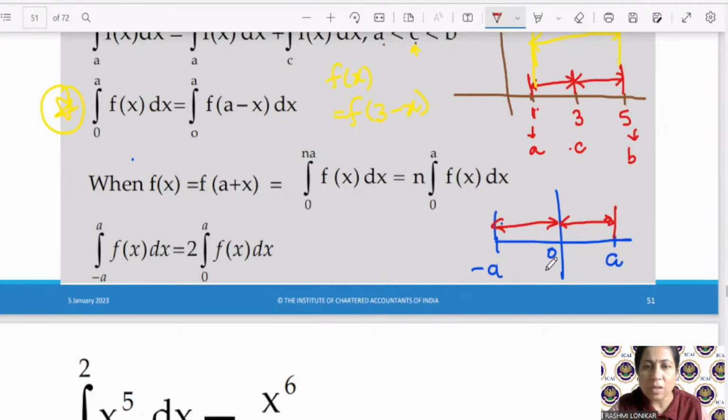Okay. The integration from minus a to 0 will be the same as integration from 0 to a. And so we write that from minus a to plus a is equal to 2 times integral 0 to a of f(x) dx. Okay.